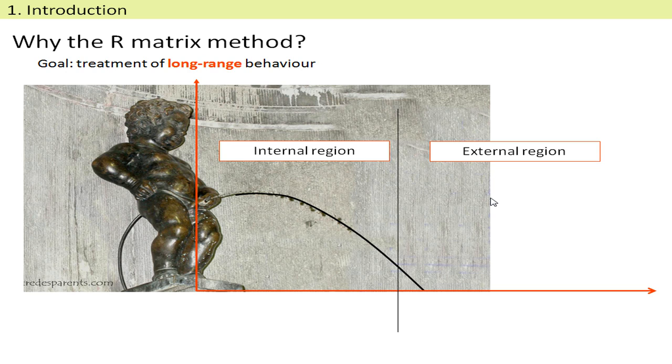And here, the external region where almost nothing happens. So if you are happy with the internal region only, then you don't need the R-matrix. But if for some reason you believe that the external region should be corrected in some ways, like you have for scattering states here, or even if you want to pay attention to the exponential decrease of a bound state, then you can use the R-matrix.